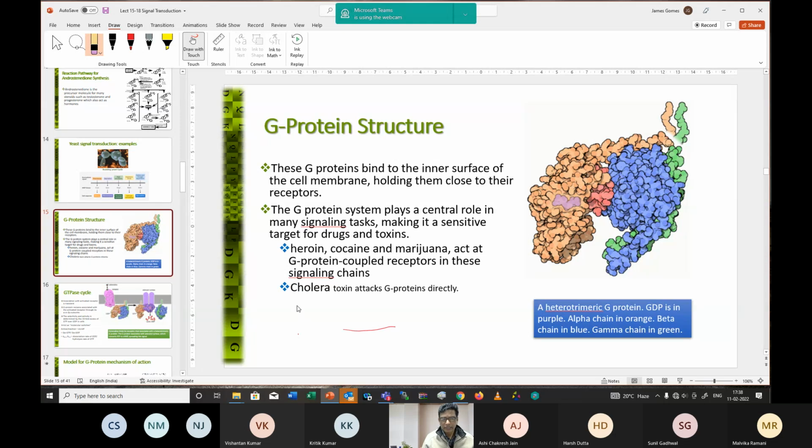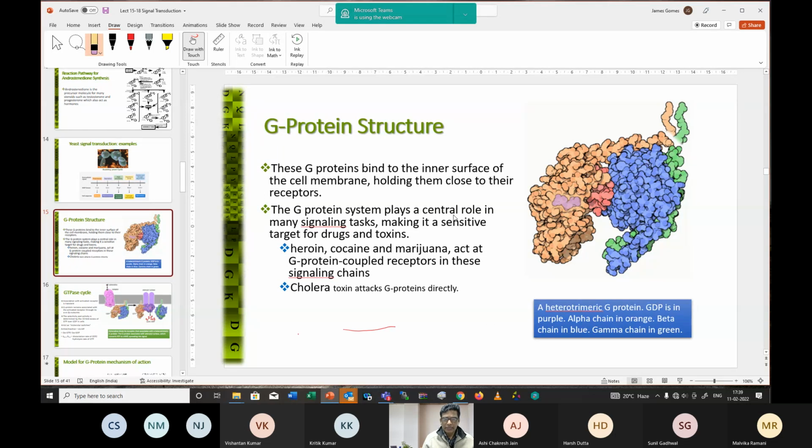There is also the cholera toxin, which attacks the G protein and breaks it down, so you lose this signaling. G protein has many other functions besides this part of the signaling shown in the pathway for drugs and toxins. So by blocking this one protein permanently, you can essentially kill a person.